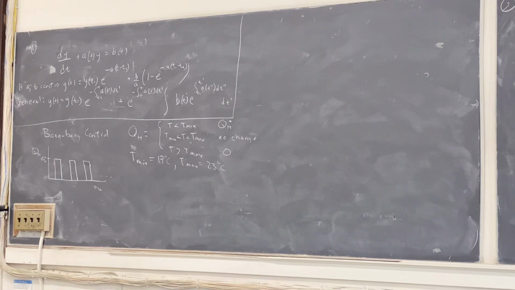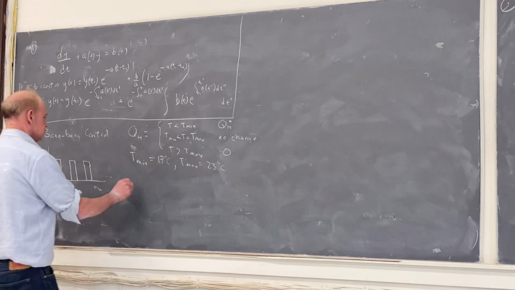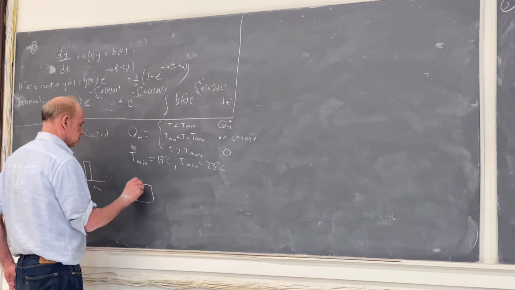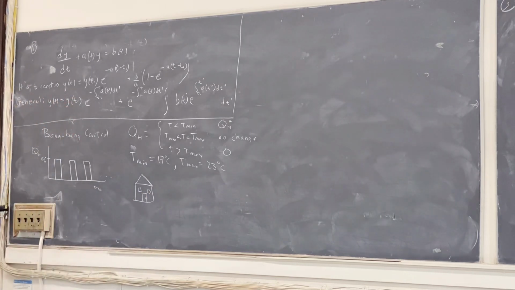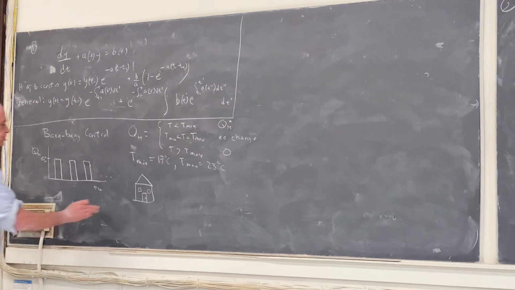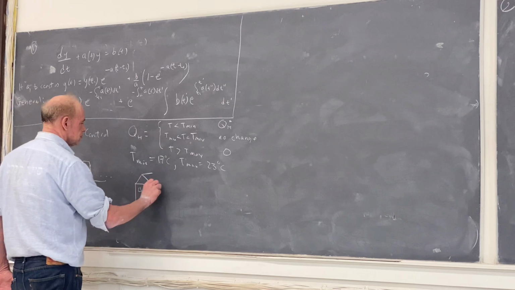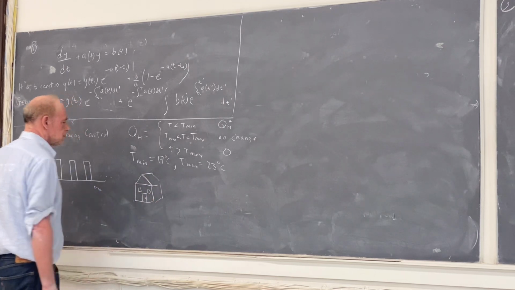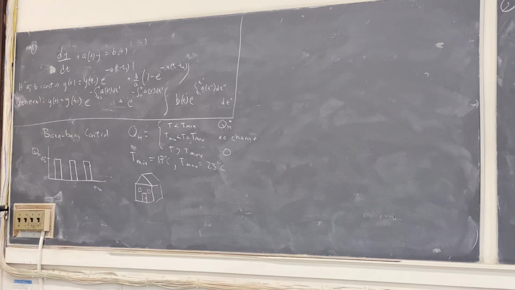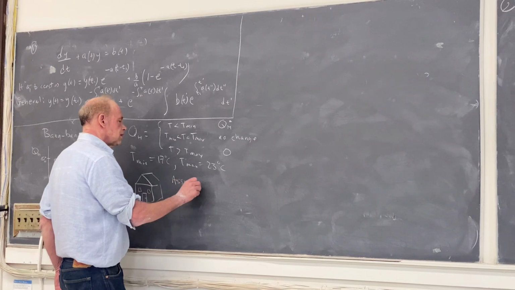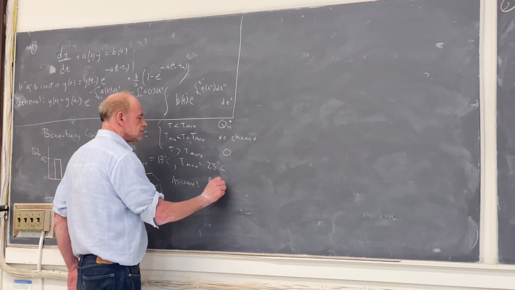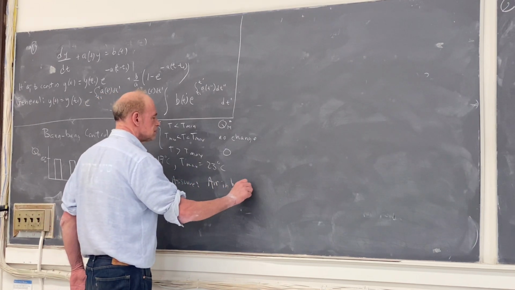And what we'd like to do is take a house, and we'd like to do a heat balance on the house. And so let's make some assumptions. So we're going to assume that the air in the house is well mixed.